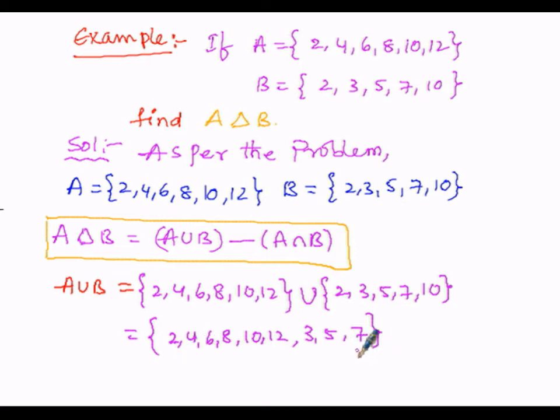These are the elements of either set 1 or set 2 or both, which gives us the union of these two sets.